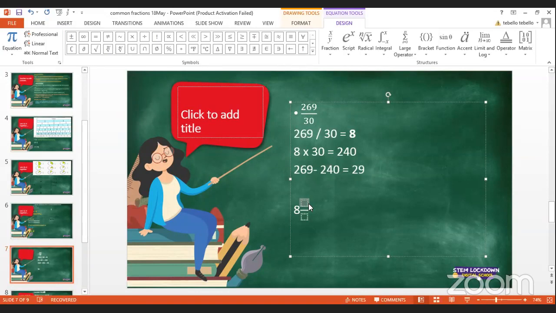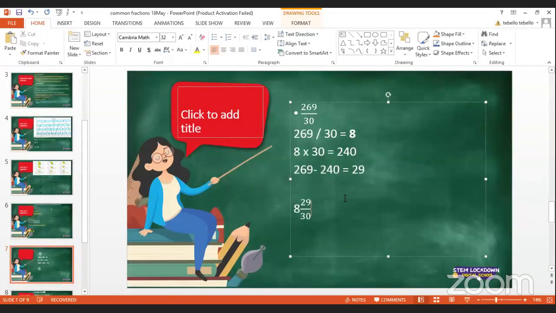So we will have our 29 over 30. That's our mixed fraction. Guys, are you getting there? Are you understanding it? So we did convert our 269 over 30 to our mixed fraction, which is 8 29 over 30.